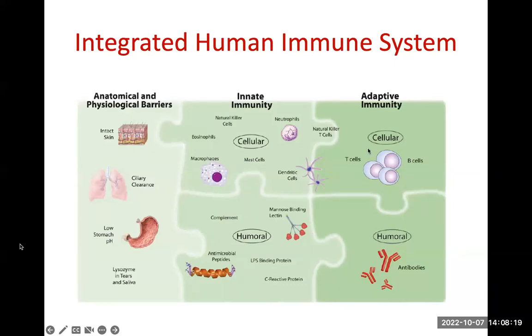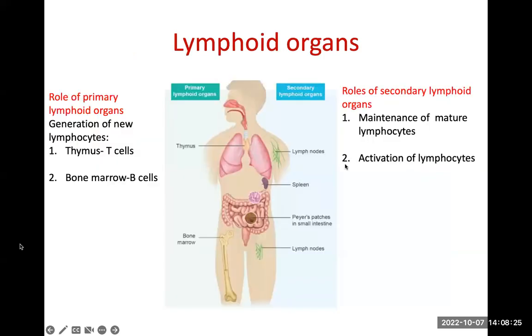And lymphocytes are some of the major components of the immune system, like T cells and B cells are usually called lymphocytes. So basically, the primary lymphoid organs is where lymphocytes are generated. For T cells, it is the thymus, and the B cells are generated in the bone marrow.